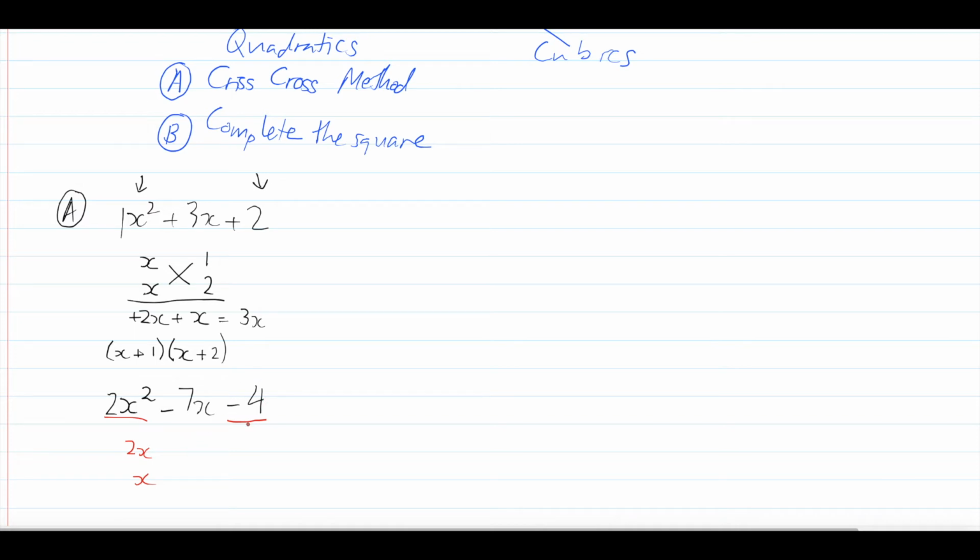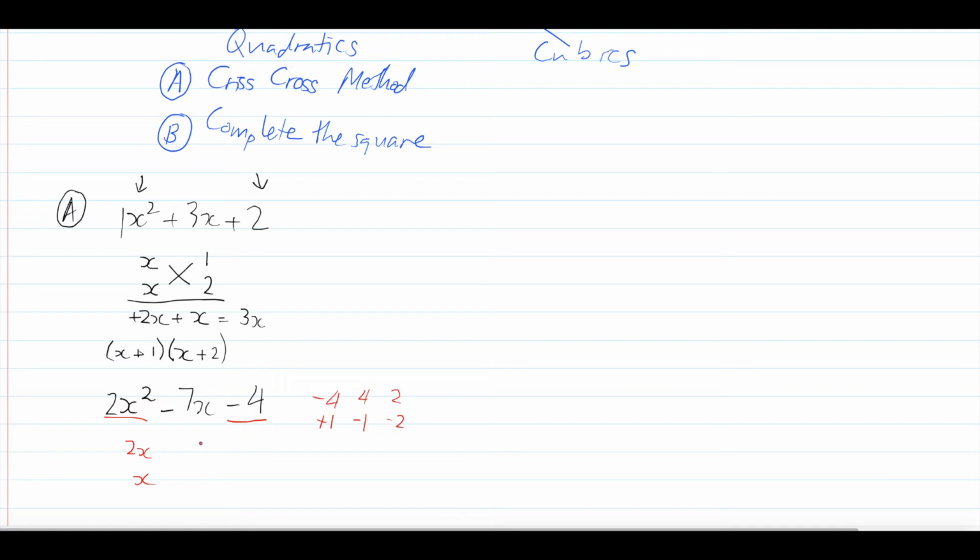Now we look at the last term, the third term. So what are the factors of negative 4? There's actually multiple different pairings you can get here. You can get negative 4 and positive 1, positive 4 and negative 1, or you can get 2 and negative 2. So those are your different pairs of factors that can get negative 4.